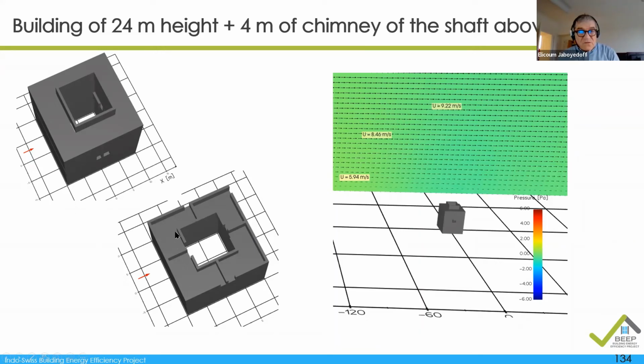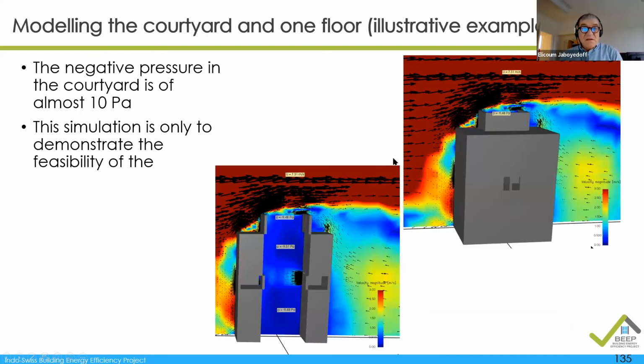That means we have, let's say, four flats, which would have one opening in the facade and one opening on the courtyard. If we look at similar wind conditions, we can see that the negative pressure in the courtyard is almost 10 Pascal here.